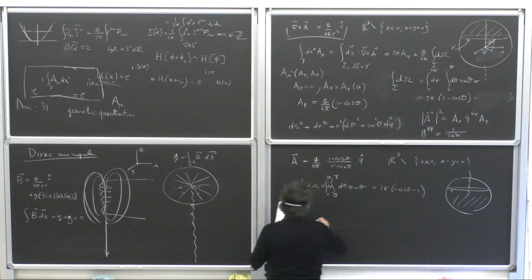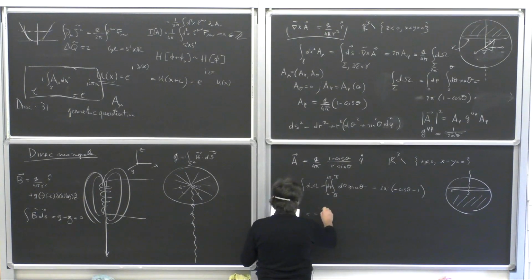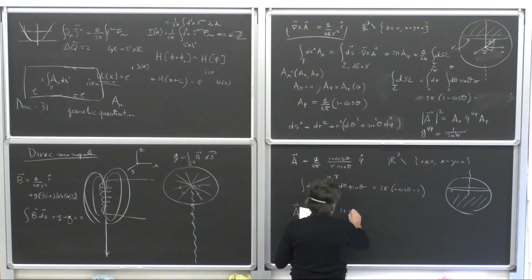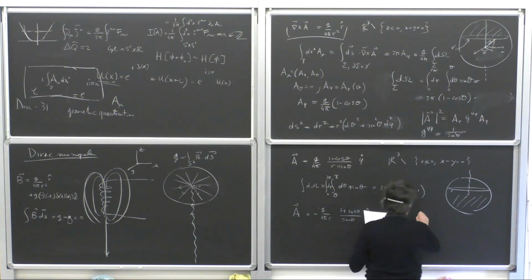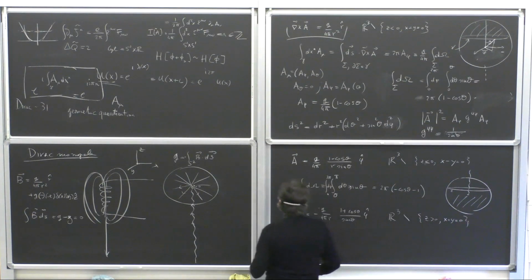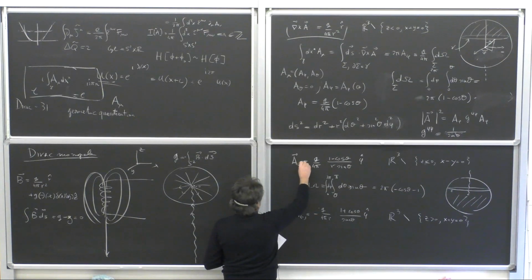So there is another solution, A, which is minus g over 4 pi r, (1 plus cos theta) divided by sin theta, in the phi direction. This solution is for R3 minus z bigger than 0. Let me call this A minus and this A plus.